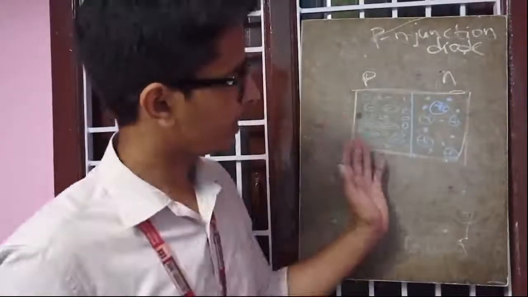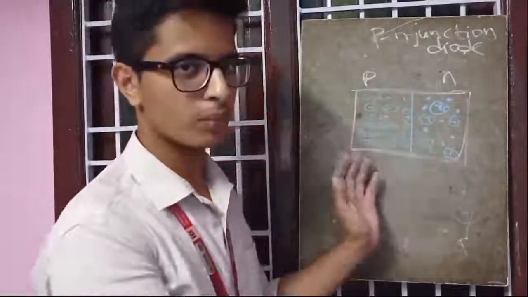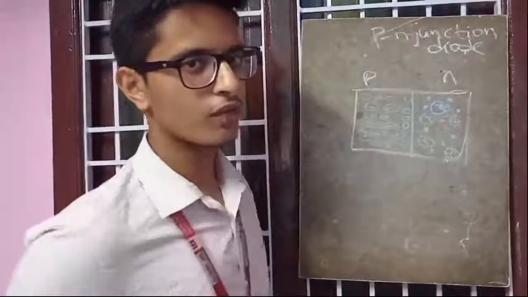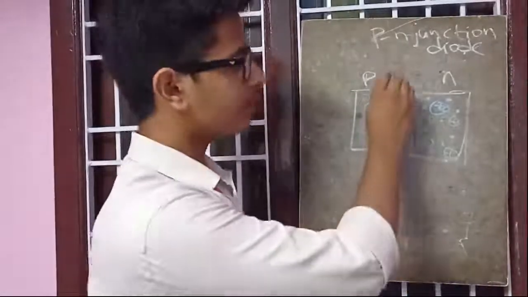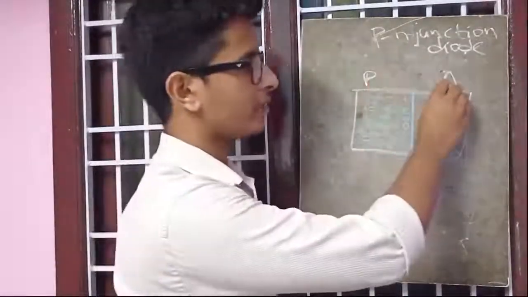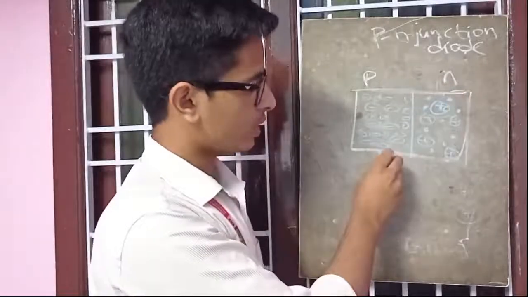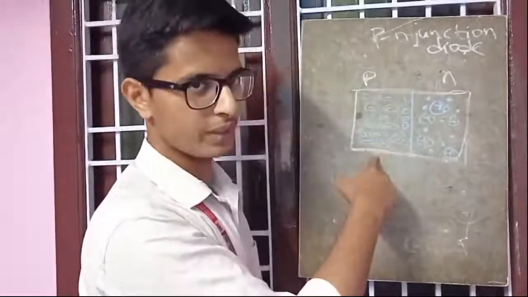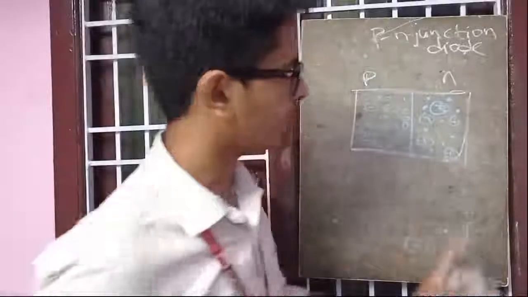So when p-type semiconductor and n-type semiconductor are brought together, due to the concept of concentration gradient, here the majority carriers are holes and here the majority carriers are electrons. So concentration of holes is greater in p-type and concentration of electrons is greater in n-type.